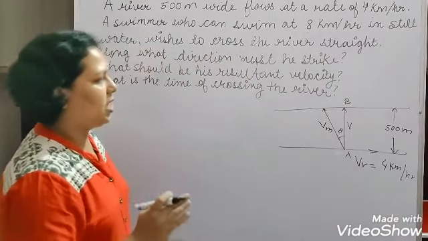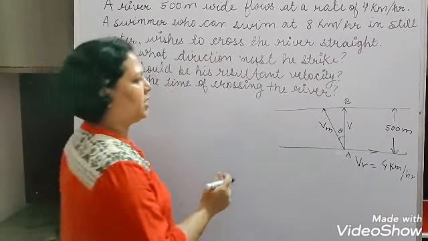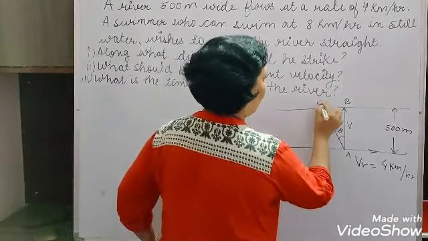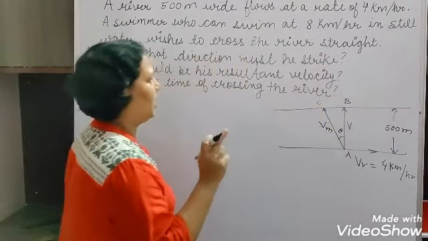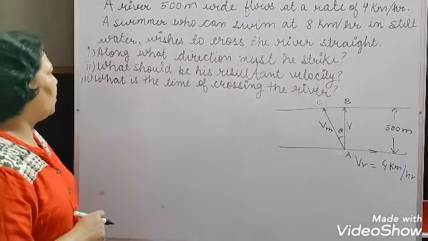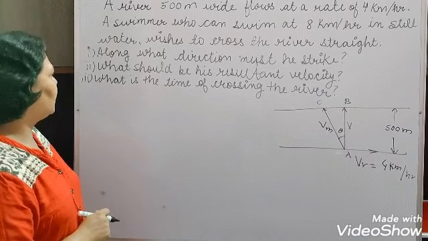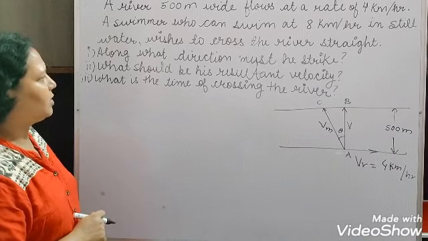This way he has to swim along AC, so that the resultant will be along AB.